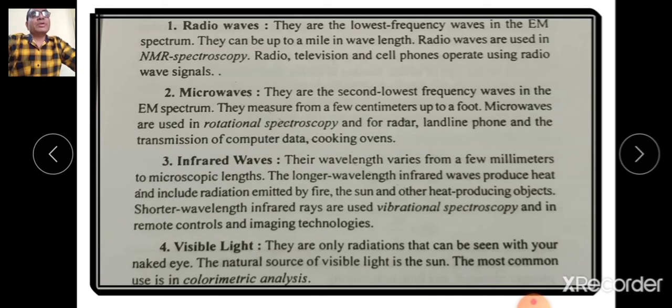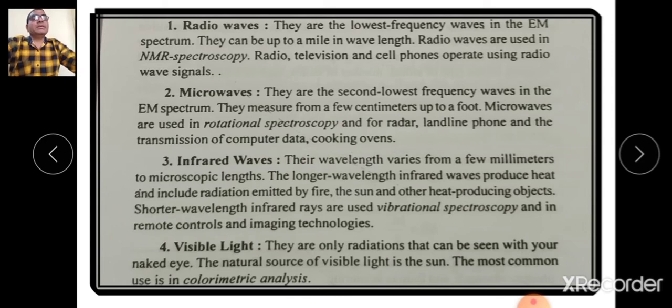The microwaves are used in the rotational spectroscopy. They are also used in radar, landline phones, the transmission of computer data, and for the purpose of cooking, that is, in cooking ovens, microwaves are used.